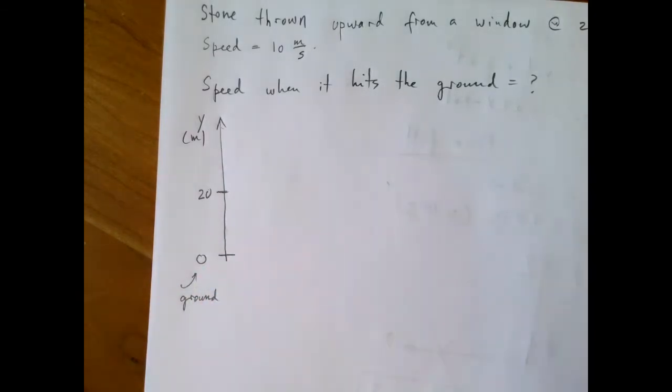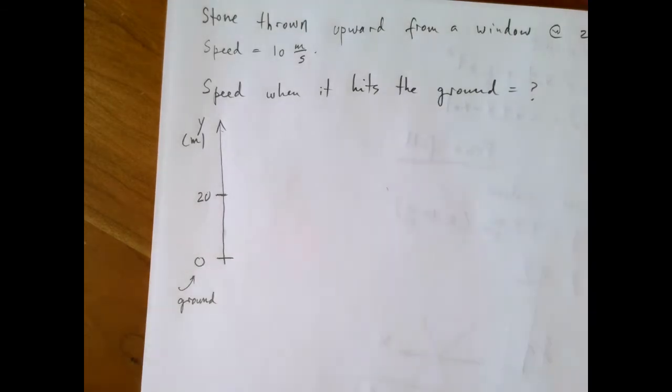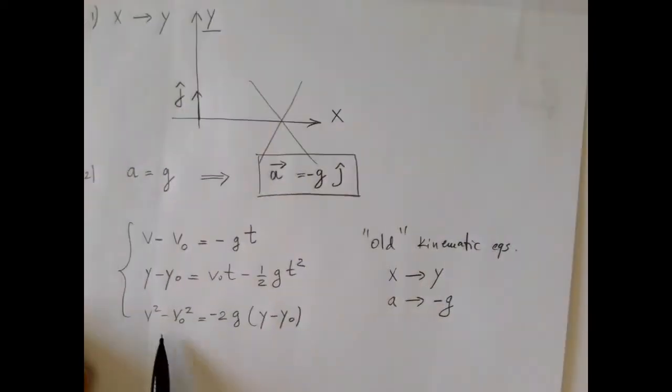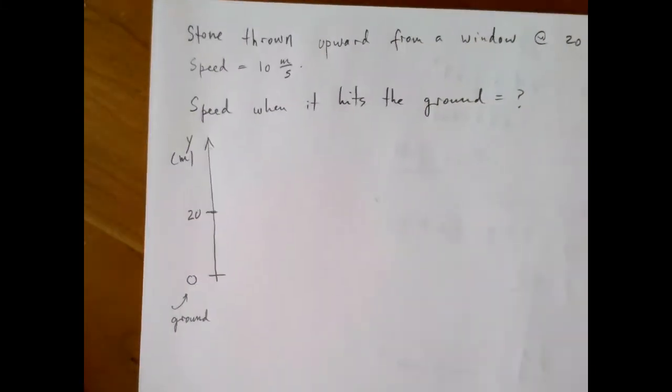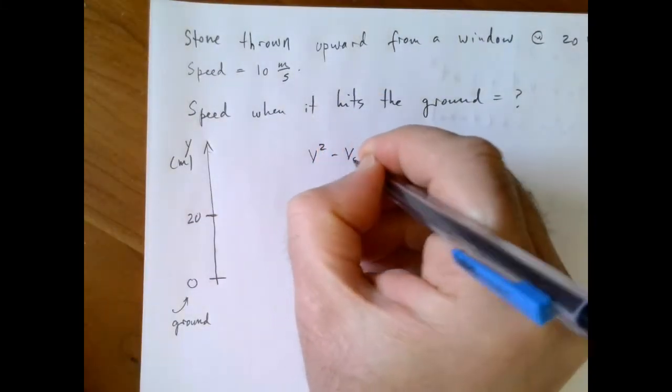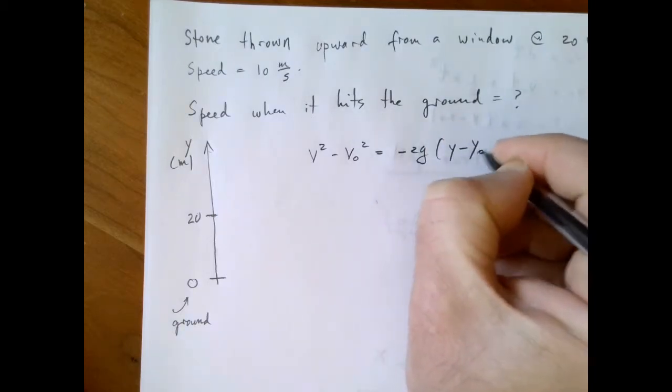What is the speed when it hits the ground? The time is not involved in this problem. Therefore, we will use the third equation. So let's write the equation the way we had it on the previous page and see how we can apply it to our problem.